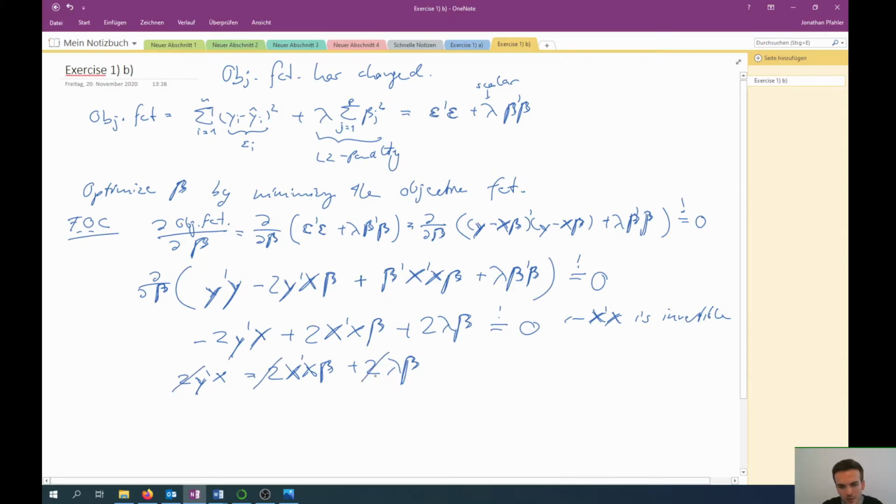Now all the 2's, you can divide by 2 and then they all disappear. Now let's factor out beta here.